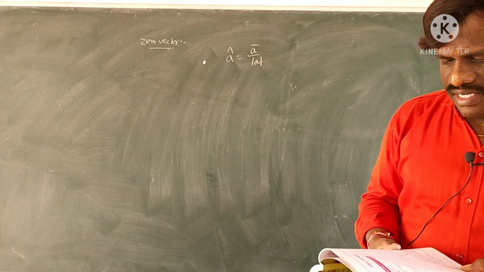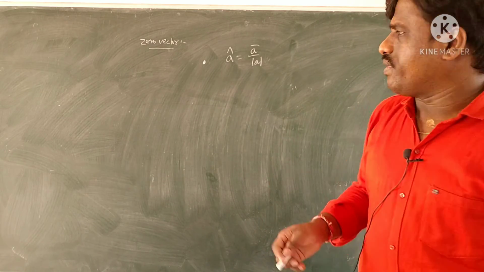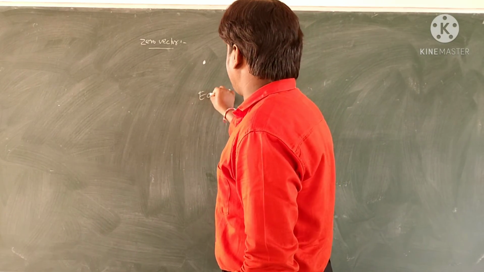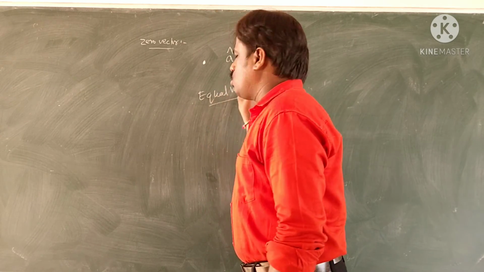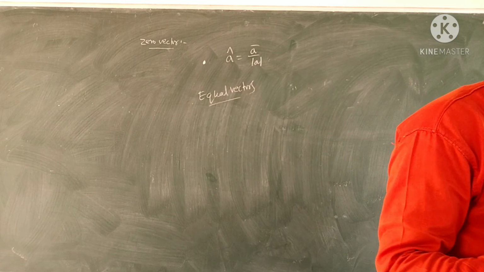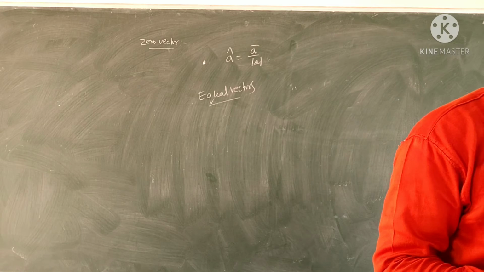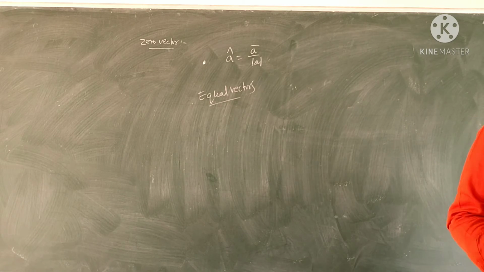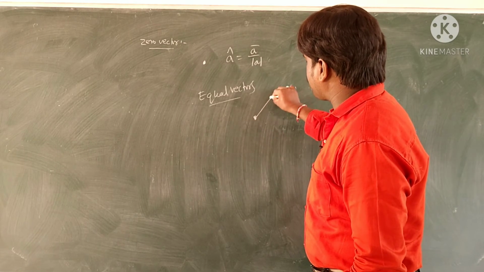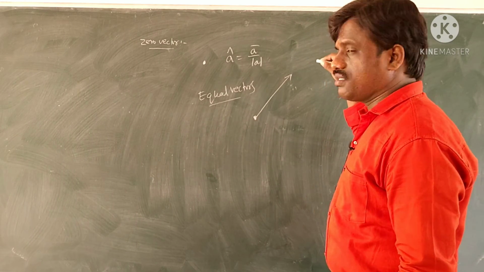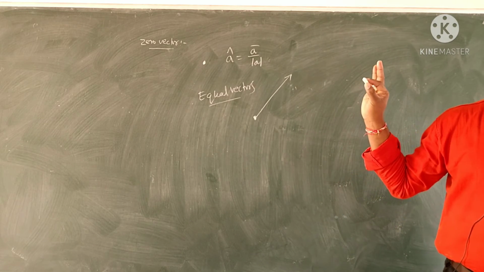Next, equal vectors. What are equal vectors? Two or more vectors are said to be equal vectors if they have the same magnitude and the same direction.